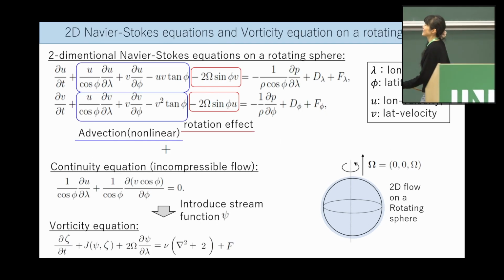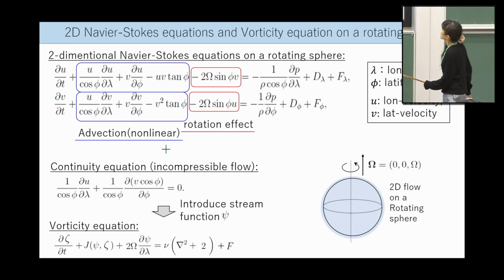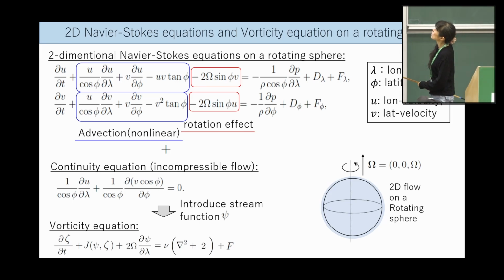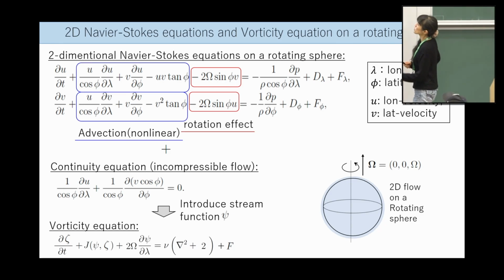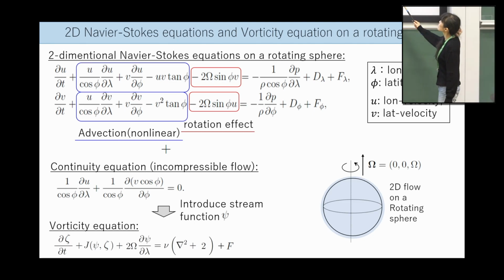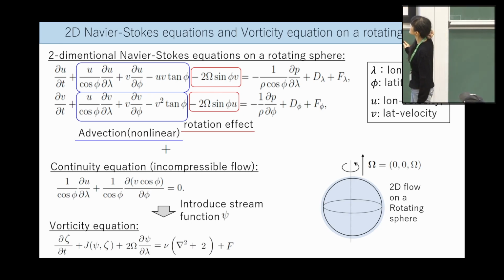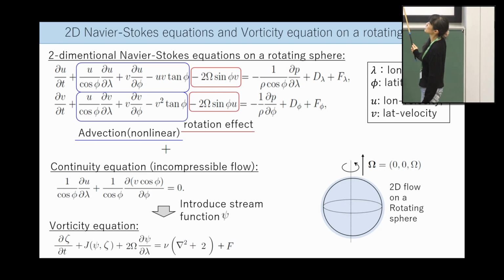So, these are the equations that we normally use to investigate two-dimensional flow on a rotating sphere. We have two-dimensional Navier-Stokes equations here. These equations are written in longitude and latitude coordinates, and U and V are the longitudinal velocity component and latitudinal velocity component, respectively.